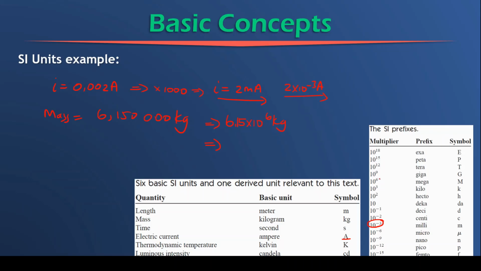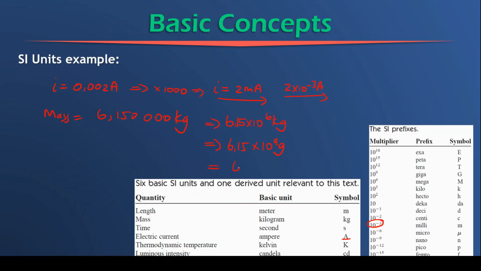And you can see here, if you give it in grams, you would have to say this is now 6.15 multiplied by, because kilograms is already 10 to the power 3, so this will be times 10 to the power 9 grams.